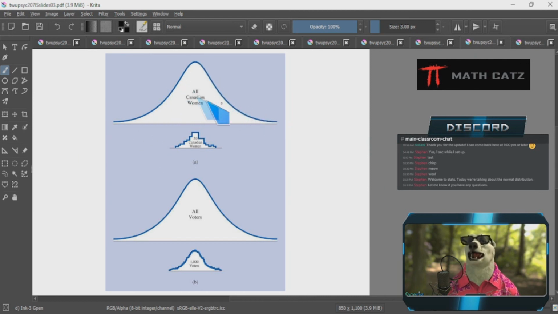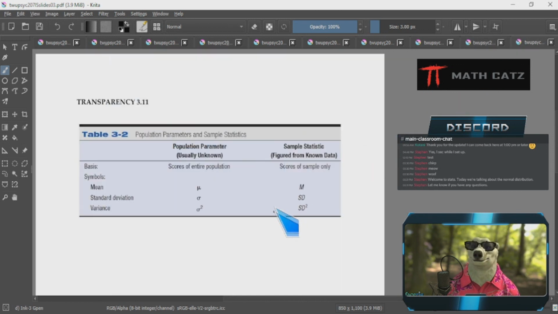Whatever I'm investigating, there is an average, a mean score among all women in Canada. We'll call that mu. The Greek letter mu will represent the population mean. When I take a sample, which will be less than all the people, the mean from the sample will be an M, the sample mean. Population mean, sample mean.